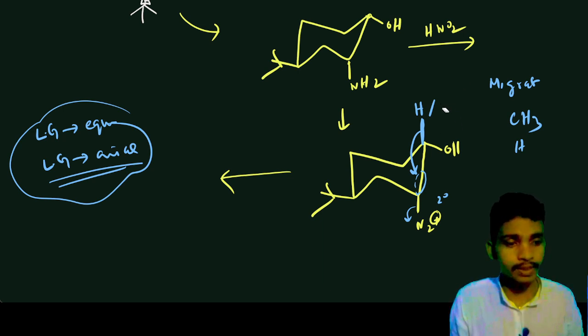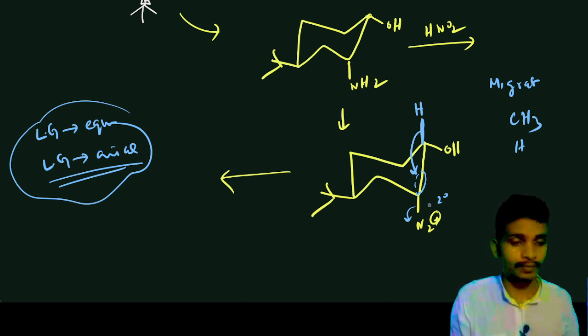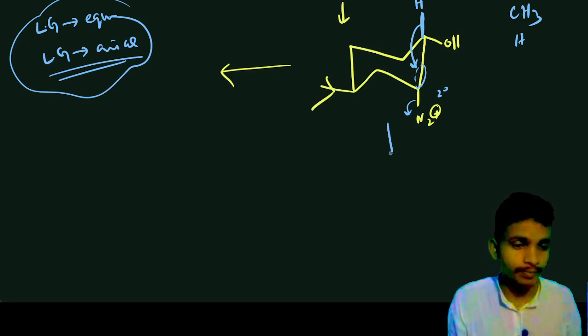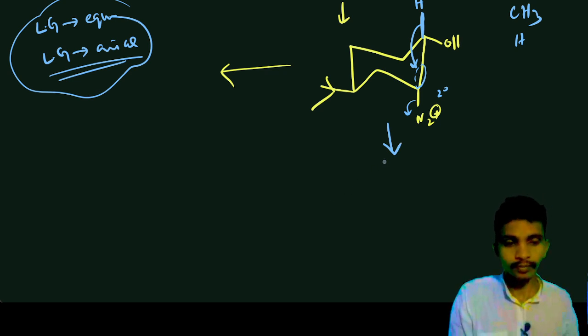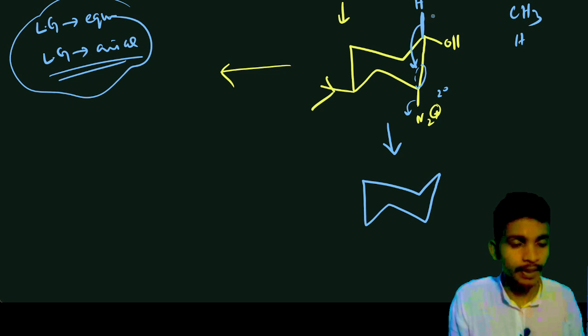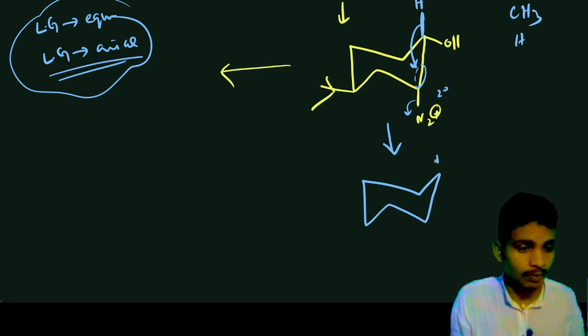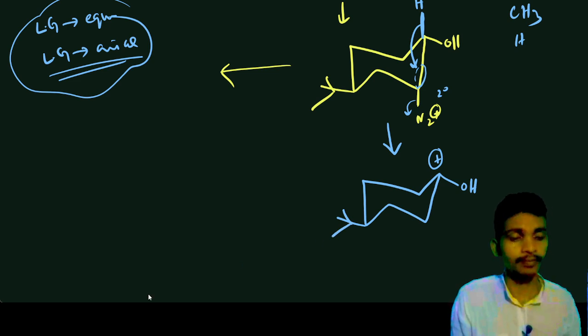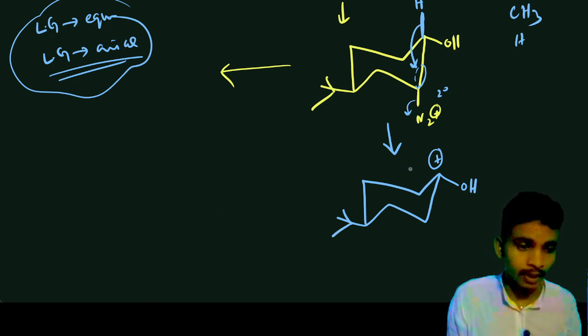Here H is there, so H will migrate. It means that if H shifts here, then we will get the positive charge here, and OH is there. The nitrogen group has now left, and the rest remains as it is.